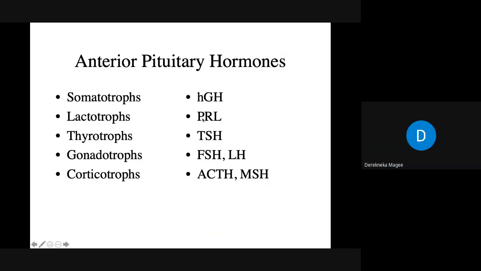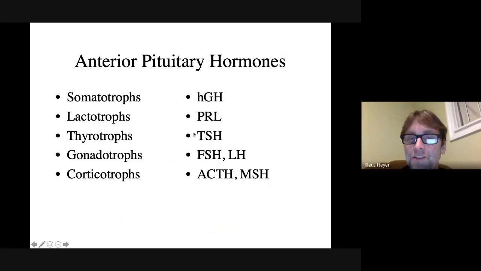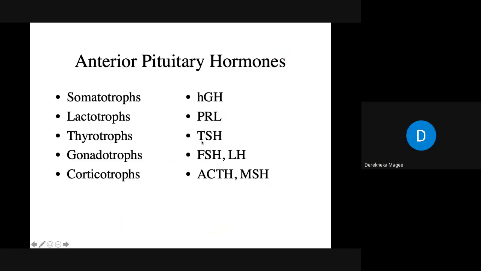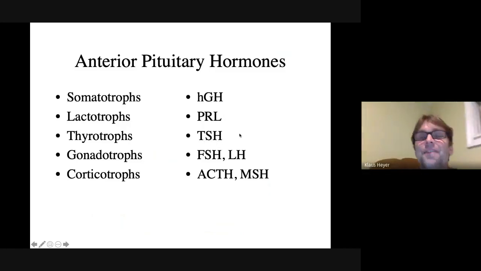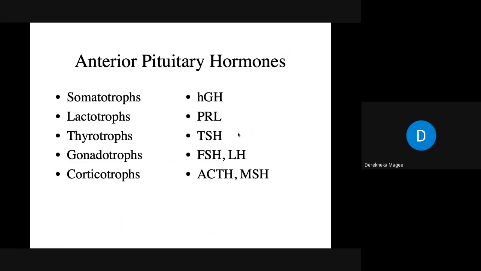That's a lactotroph. I meant to say TSH. Right. Where is TSH gonna go once it's made? To the pituitary. Where? To the pituitary gland. It's already there. TSH is in the pituitary gland. The thyroid. Yeah. Then it goes down to the thyroid.